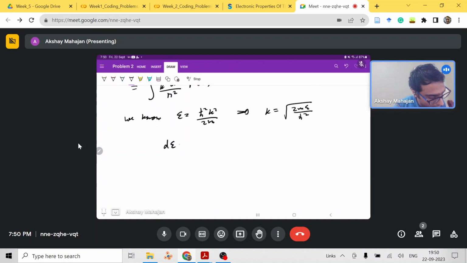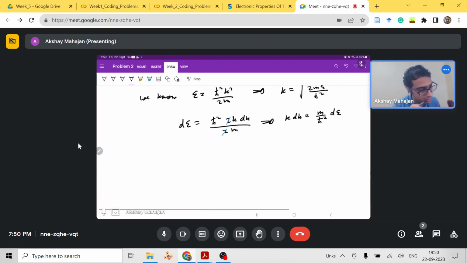So basically if you do d epsilon, d epsilon will be equal to h-bar squared times 2k dk divided by 2m, and then you can do this cancellation here. So from here what we get is k dk will be equal to m upon h-bar squared times d epsilon.